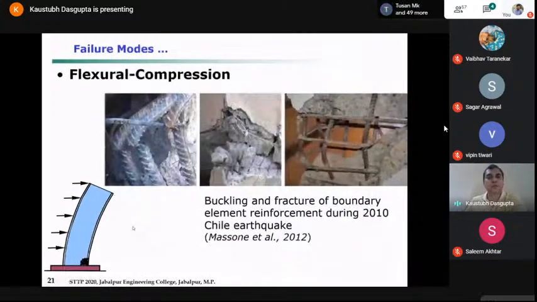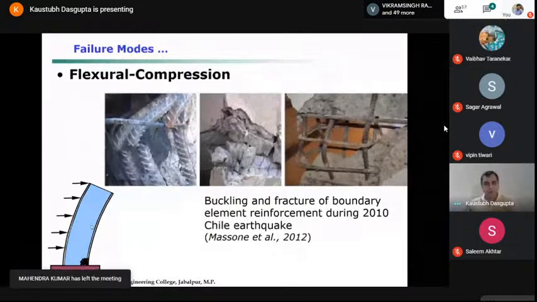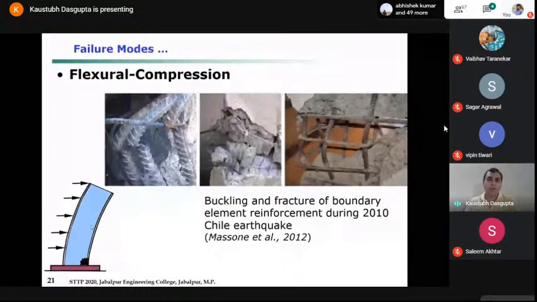When you have a large amount of compression, what happens? You have the wall at different levels from the floors, where the lateral forces are coming. So at the bottom, you'll have the maximum moment, and so maximum compression comes at the bottom. Your end elements or the boundary elements experience a large amount of compressive stress.